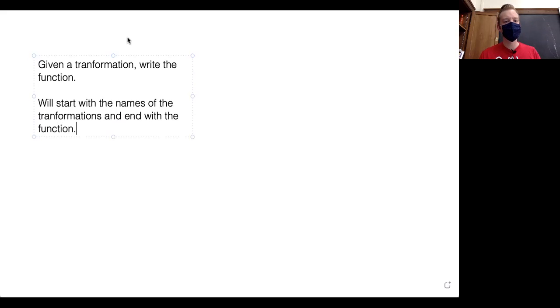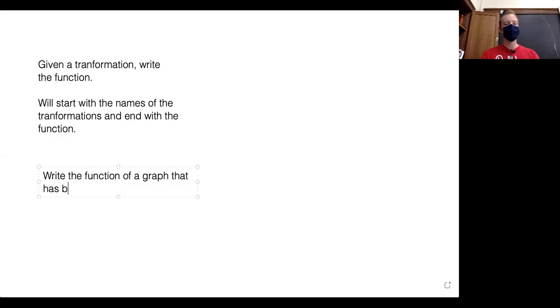So for instance, write the function of a graph that has been moved 3 spaces to the left.